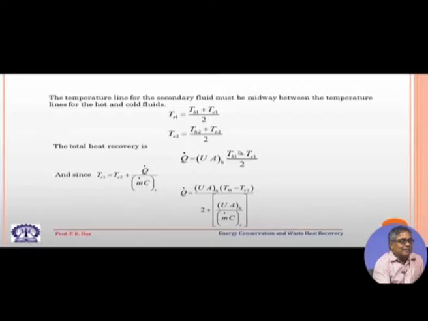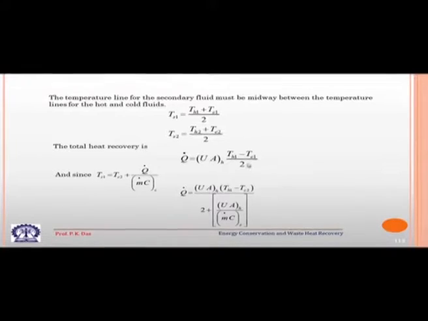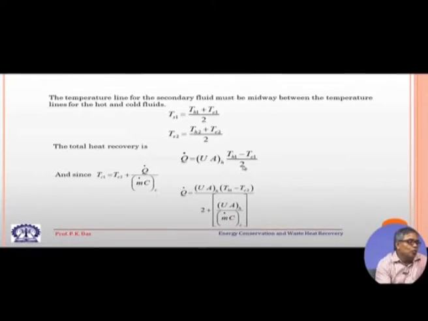Mind that this is the inlet temperature of the hot fluid, but this is the outlet temperature of the cold fluid. And in most of the cases, we do not know the outlet temperature of the cold fluid. This is divided by 2, because delta T in the hot heat exchanger will be half of this quantity. And again I would like to remind, these are at one end of the heat exchanger, end 1 of the heat exchanger.